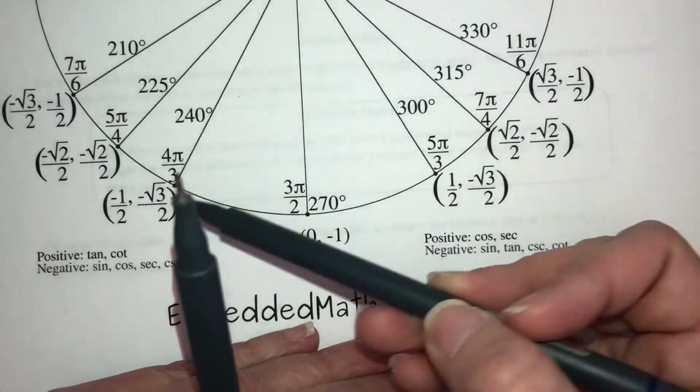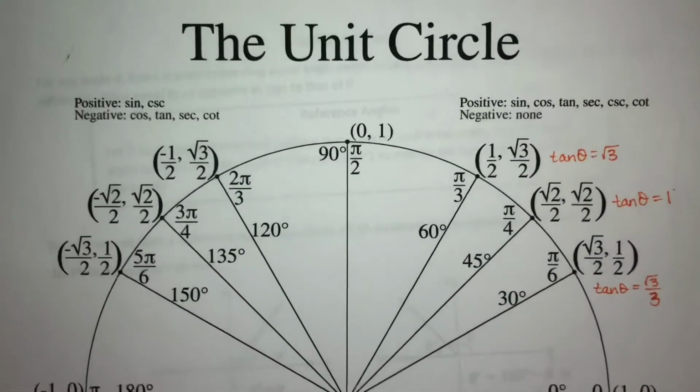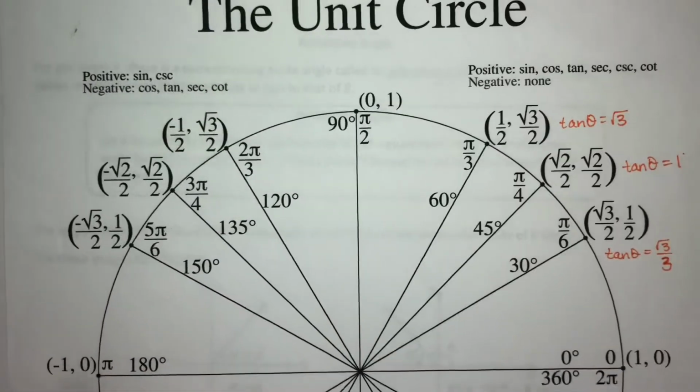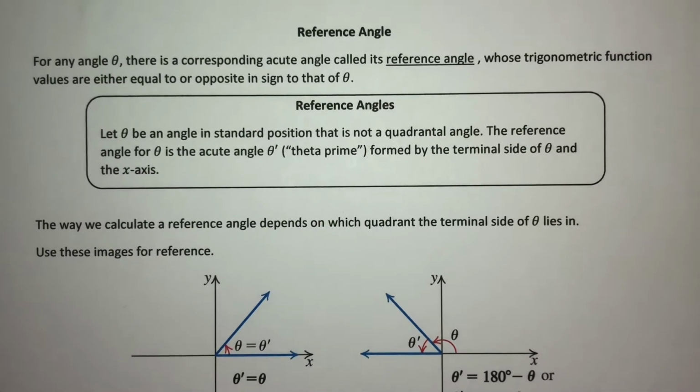And the signs are adjusted to which quadrant they are in. Now we're going to be able to use that property for values other than what we have here on our unit circle. We just need to talk about how we can figure out what our reference angle is, what we can actually calculate based on the information we have, okay?